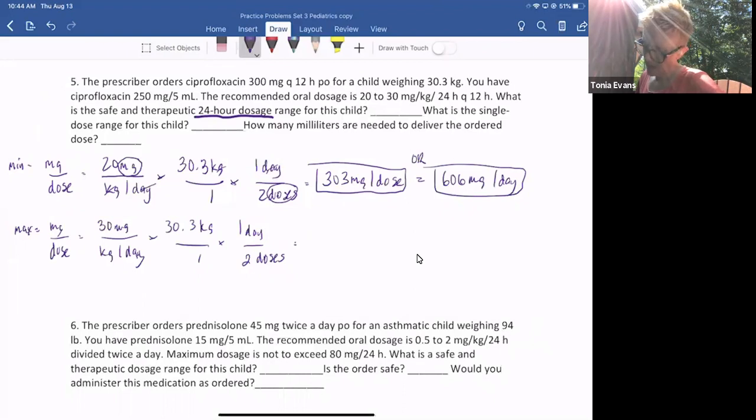Okay, 30 times 30.3 divided by 2 equals 454.5 milligrams per dose.